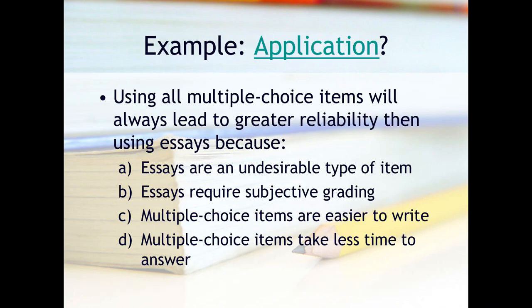That's a little bit different than something like this. As an example question, you could say to students, using all multiple choice items will always lead to greater reliability than using essays because, which are the following? First of all, I don't like that because it's not a complete sentence, but let's ignore that. Here, they have to apply some kind of skill.